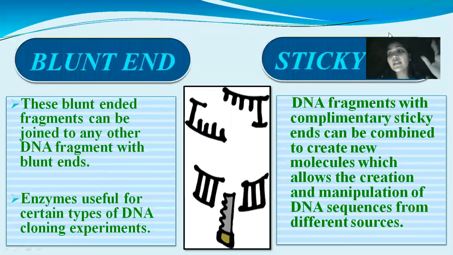Ultimately its application went into the manipulation of genes, where we can insert the DNA of interest into another DNA, where copies of that DNA of interest can be made faster. For example, we can now produce insulin.